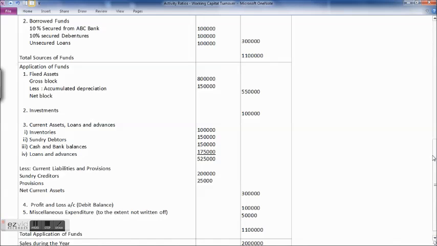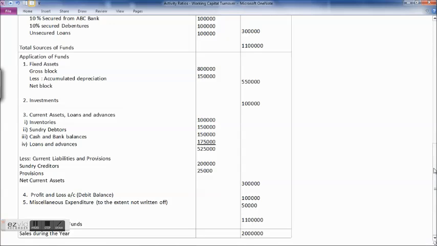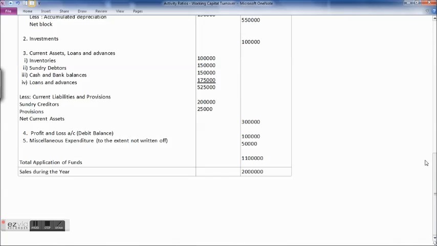Less current liabilities and provisions: sundry creditors 2 lakh, provisions 25,000. So net current assets comes to 3 lakh. Then profit and loss account debit balance 1 lakh, miscellaneous expenditure to the extent not written off is 50,000. So total application of funds is 11 lakh, and sales during the year is given as 20 lakh.